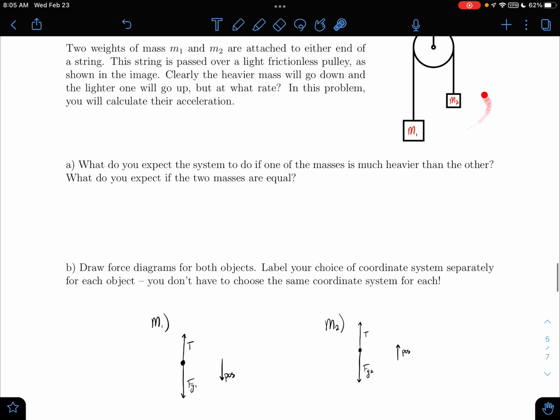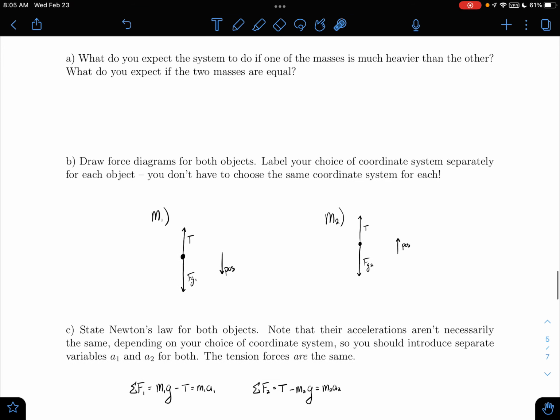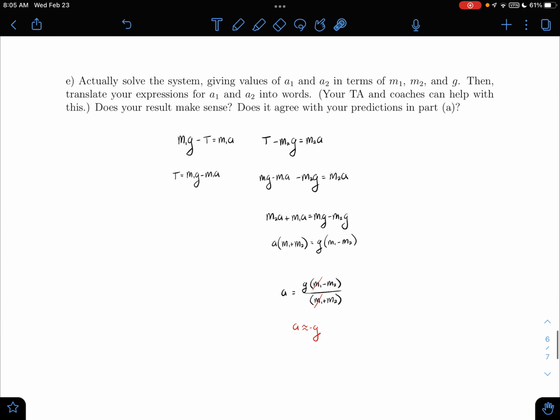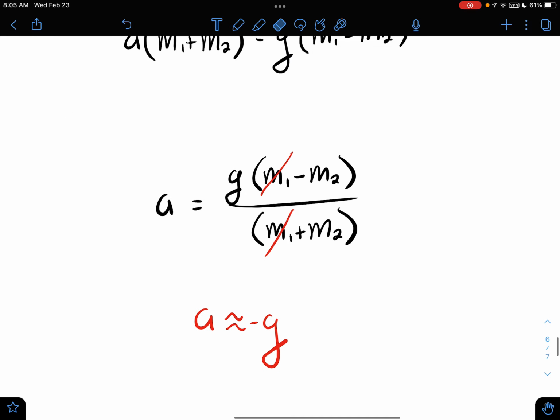If M2 is suddenly a lot bigger, now we're accelerating this way, the same thing we were saying before. It's just like this was in free fall because the tension's not there, but we're accelerating this way, and we said that was negative for both. That makes sense, our negative acceleration.